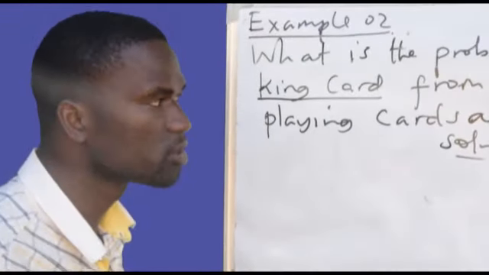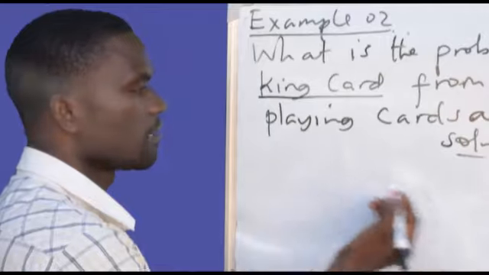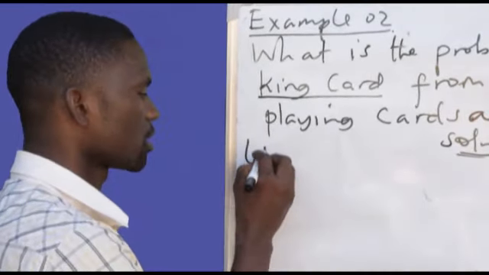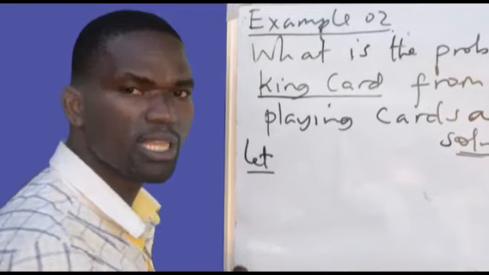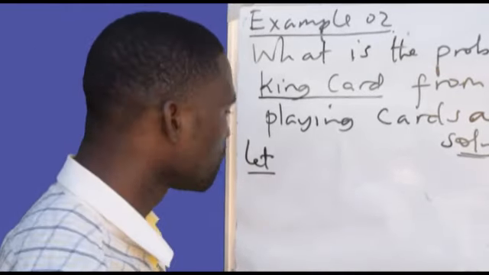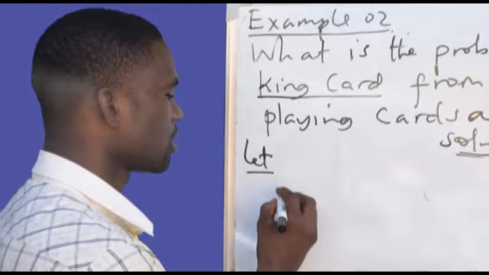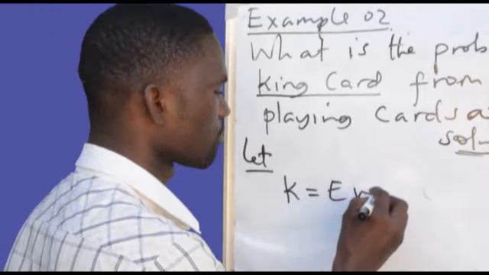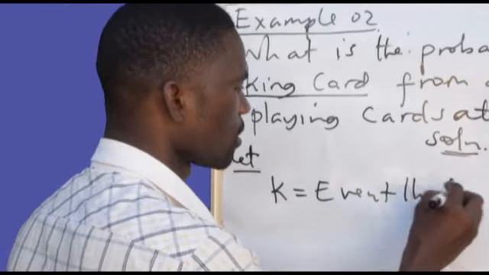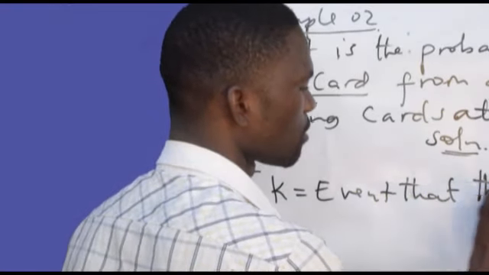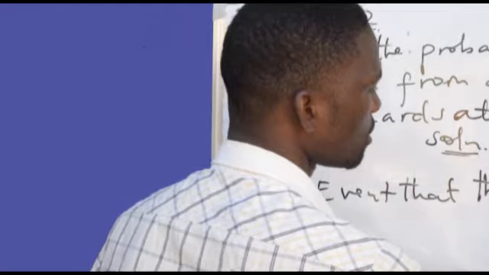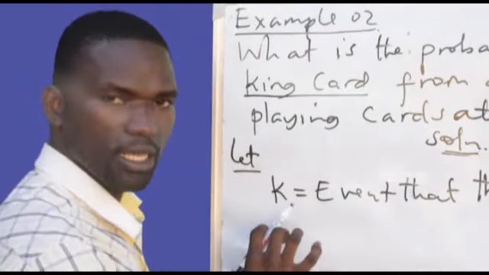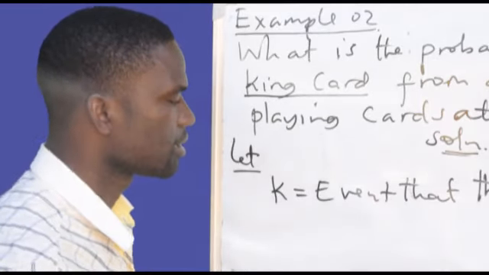To do this question, as part of the solution, first you have to suggest the event. Let K represent the event that the card is a king.